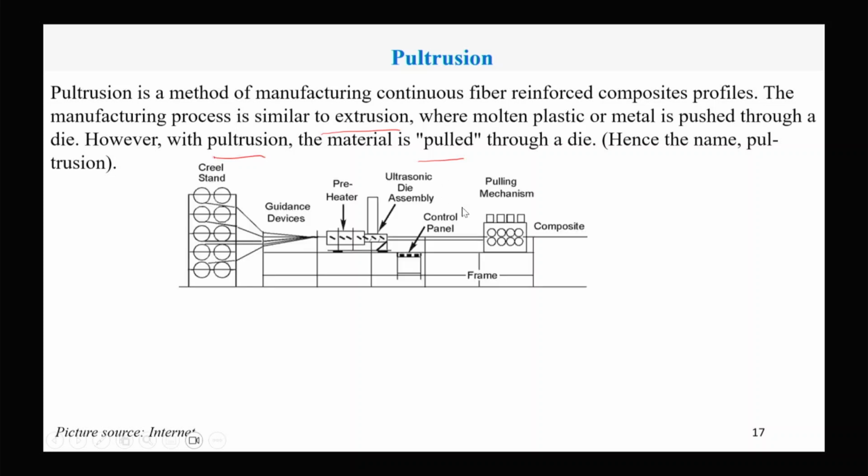So this is the system here. In a creel we have a number of rovings or filaments present, then a guide device, and this is a preheater, and then we are pulling it through the die. This is a die.